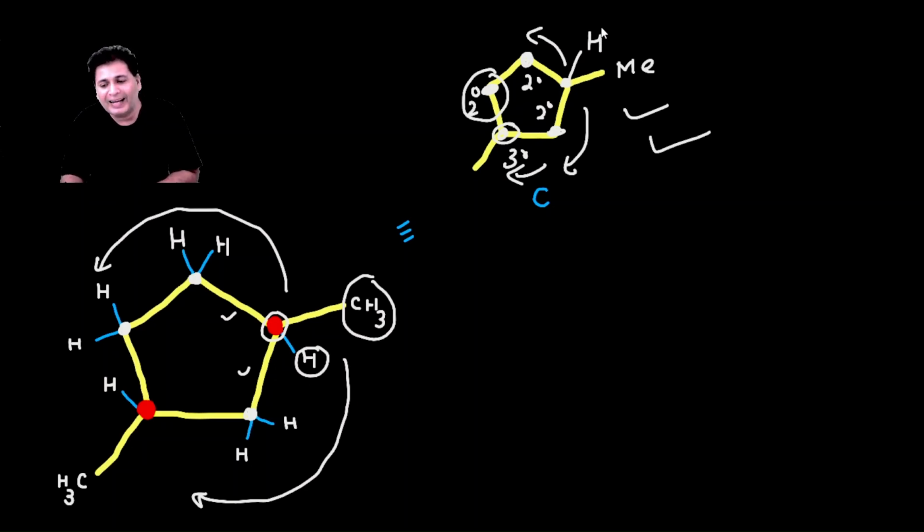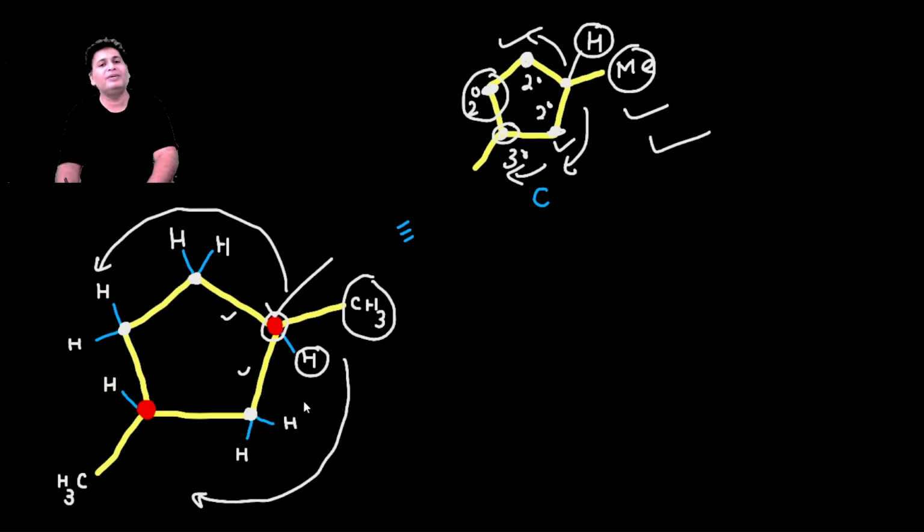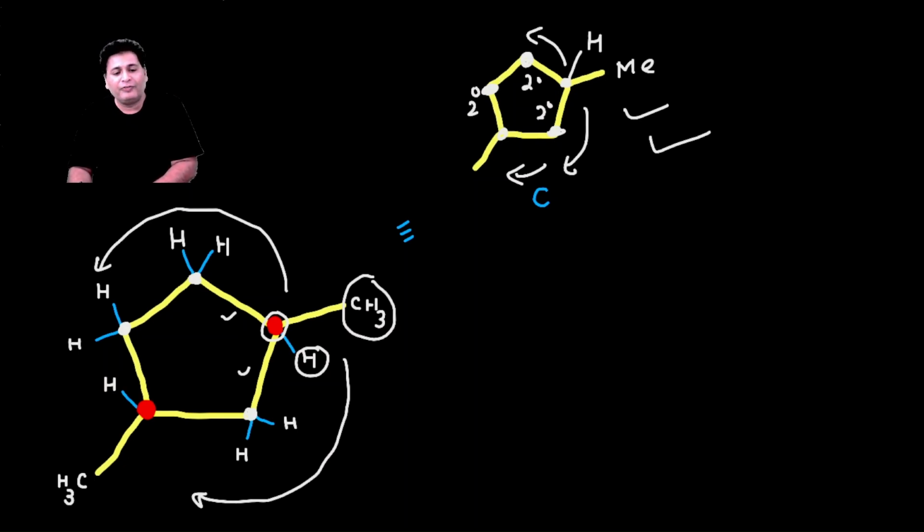So it had hydrogen as a different group, methyl as a different group, and these two are also different groups. So now you can say that this particular carbon is chiral in nature, and in a similar manner you have done for this, you can do for the others also.